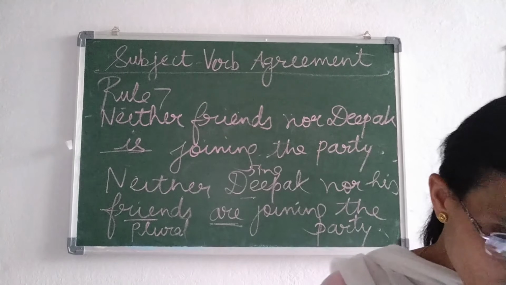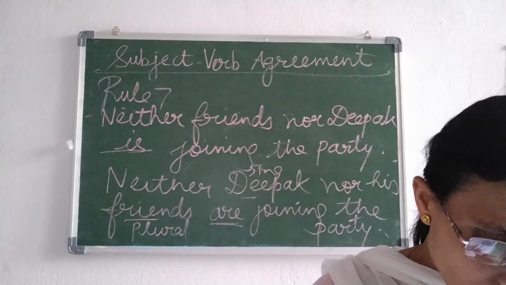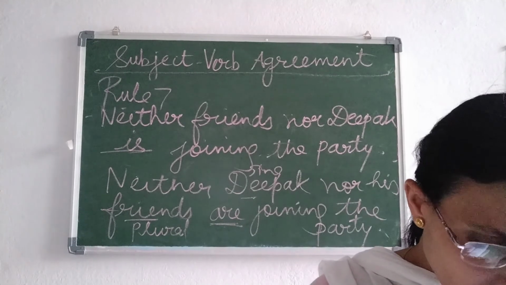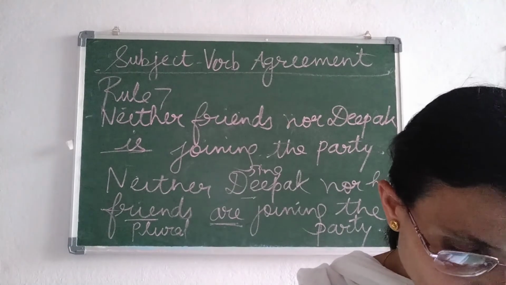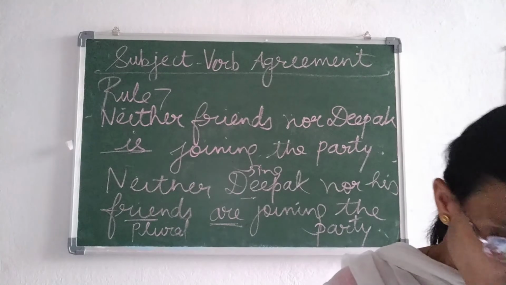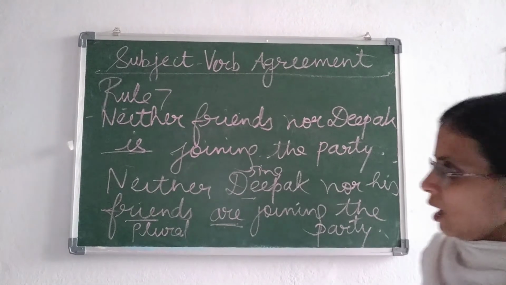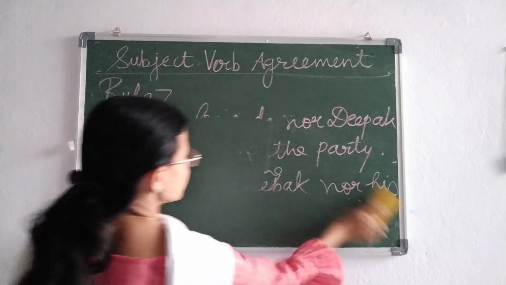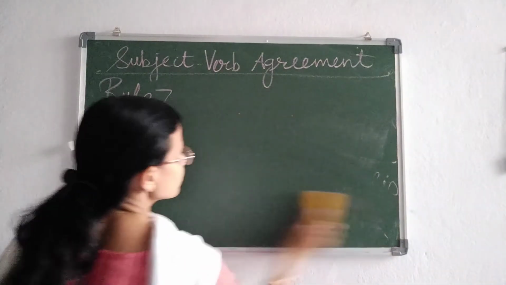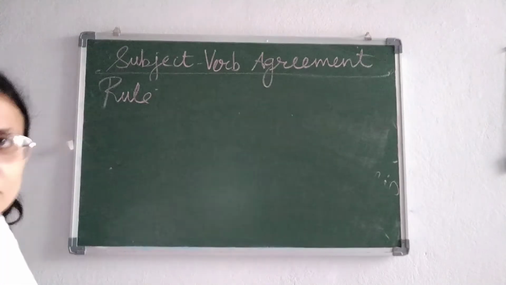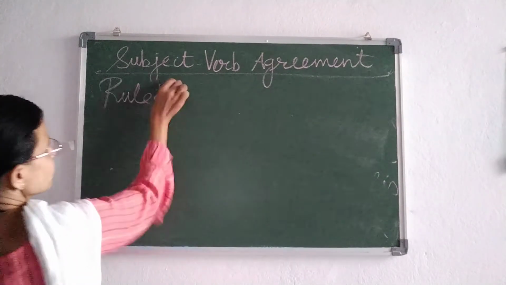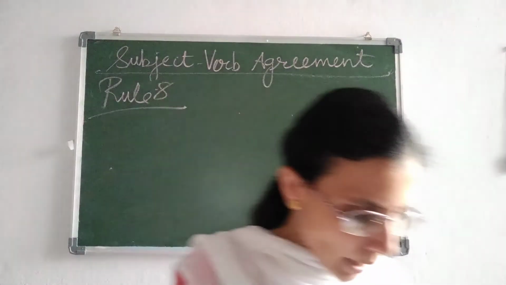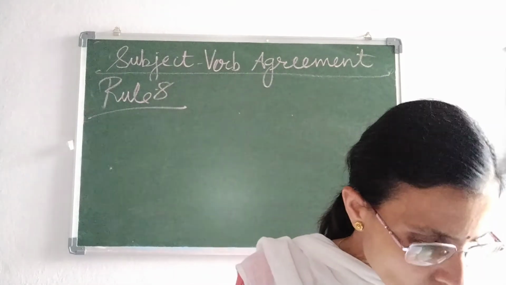If the subject is singular and the predicate is plural, the verb must agree with its subject and not its predicate. Okay. Subject is singular. Next rule. Subject is singular and predicate is plural.